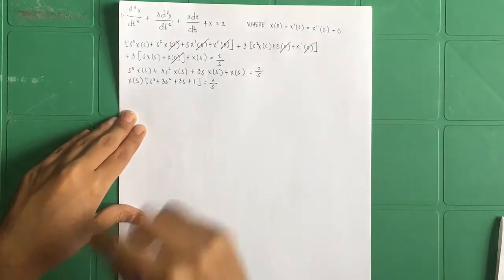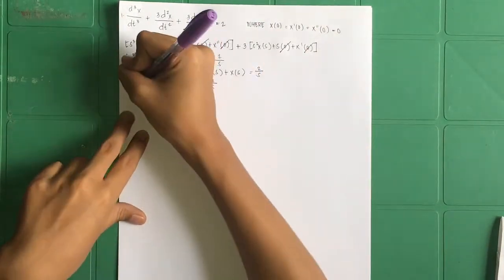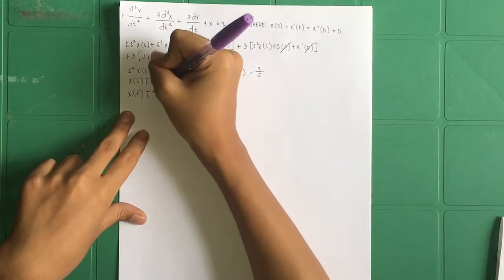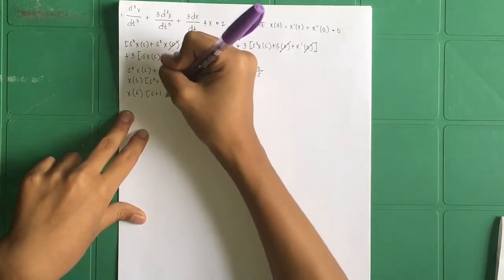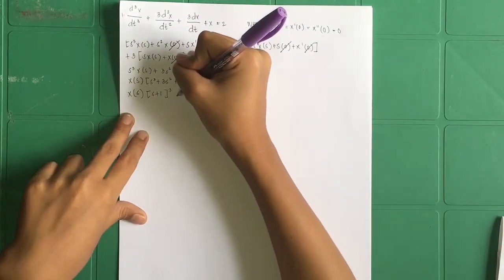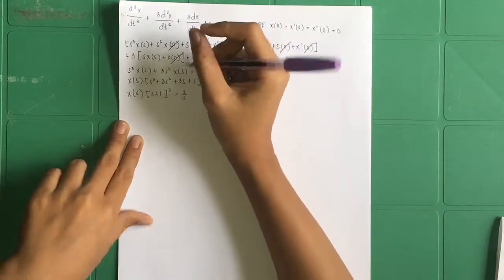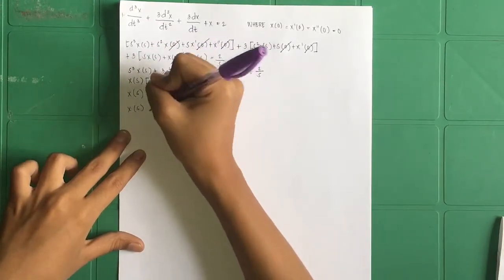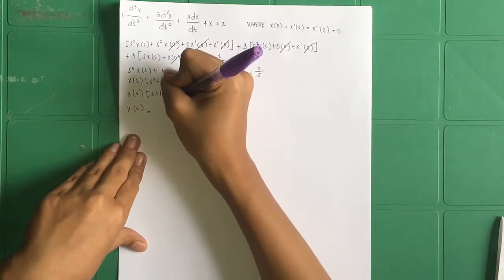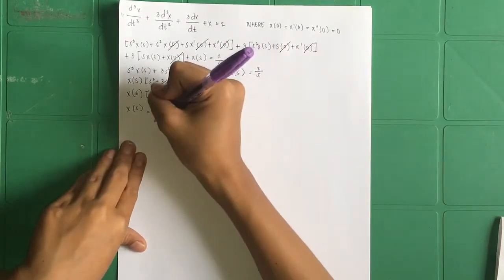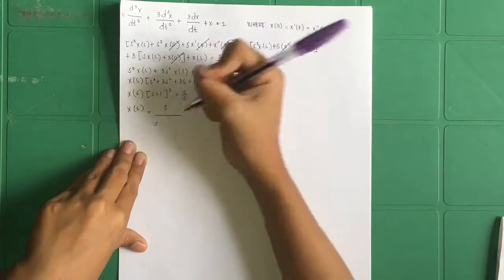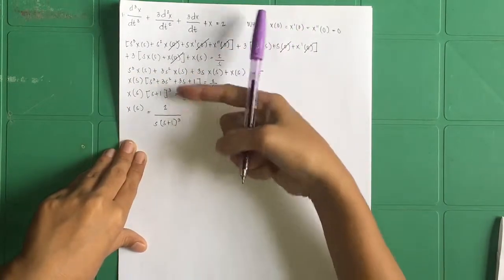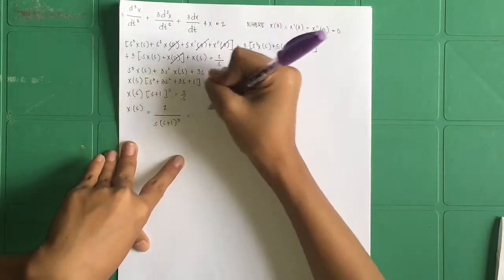Then I simplify this one and transpose this here, the x plus 1 cubed. Then I'll do the partial fraction with repeated roots.